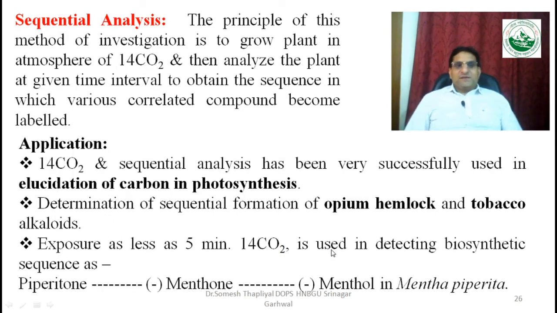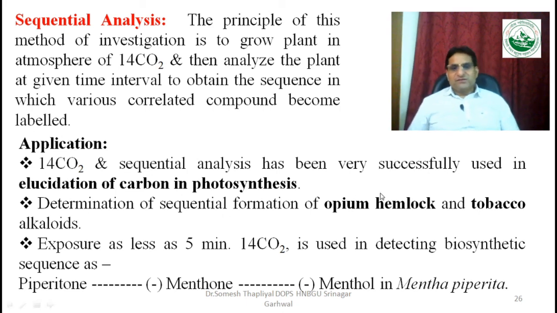Then another method is sequential analysis. It is based on the principle of growing the plants in an atmosphere of 14 carbon dioxide and then analyzing the plant at given time intervals to obtain the sequence in which various correlated compounds become labeled. For example, in the elucidation of the carbon pathway in photosynthesis with the help of 14 carbon dioxide, it is widely used.